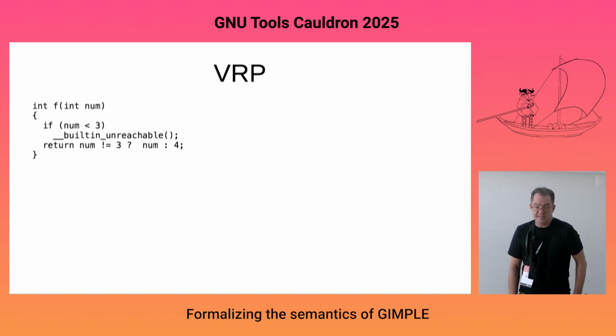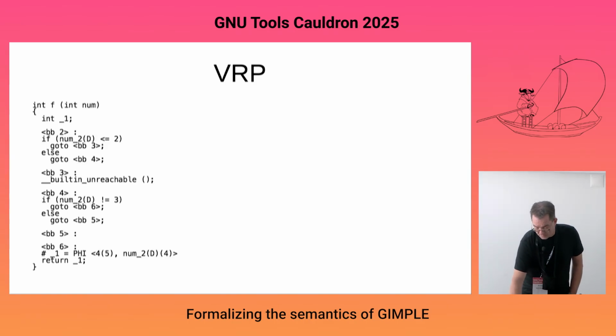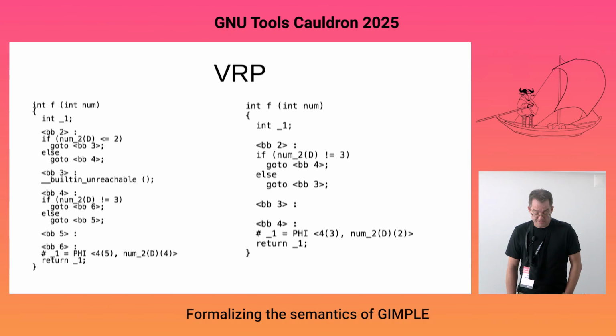Take this code example, which has a built-in unreachable. On the original GIMPLE, it looked something like this. The VRP pass eliminates the unreachable and puts the information in the range data.